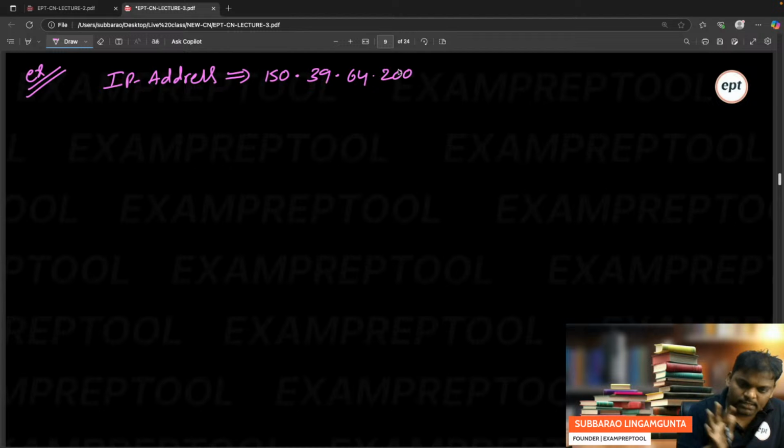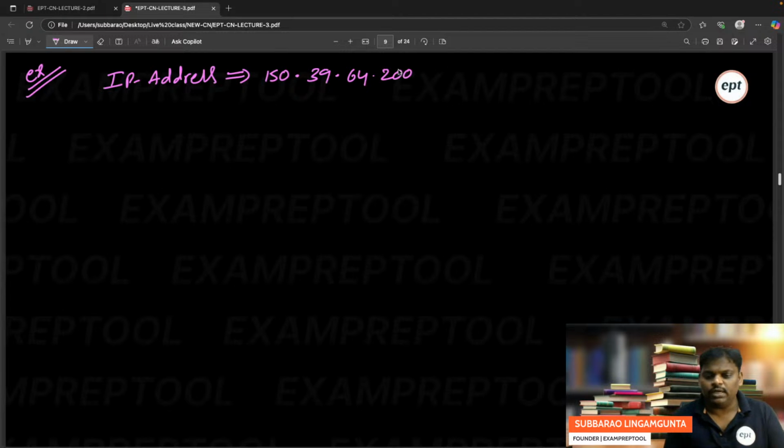One IP address is given. Remember everyone, in the problem itself they have given one IP address. Be careful.